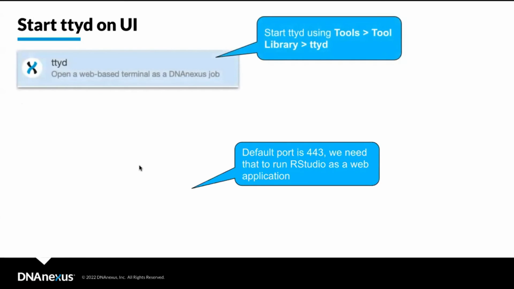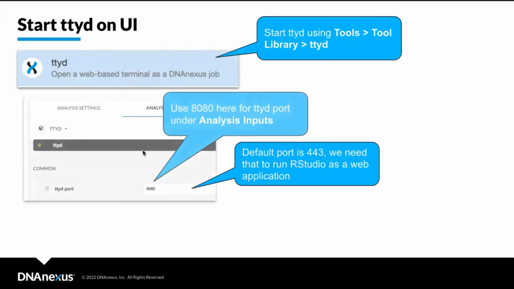We encourage you to look at that documentation. I just want to give you a short view on how to get it started. You'll first go into the tool library and open the ttyd app. Before you start it, you need to change this port. The default value here is 443, and you need to change it to 8080.